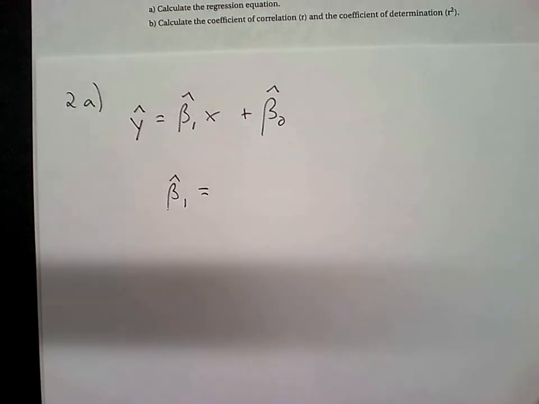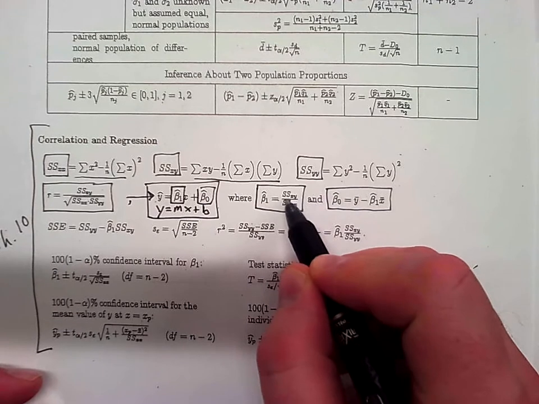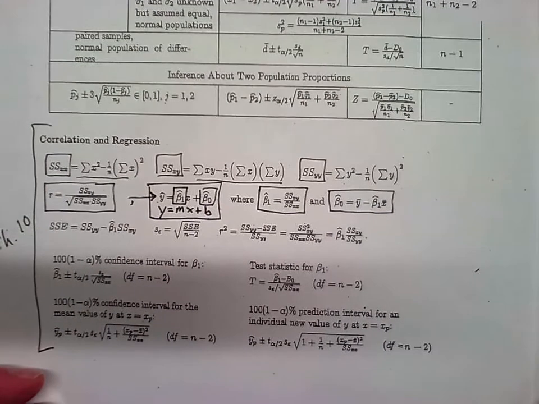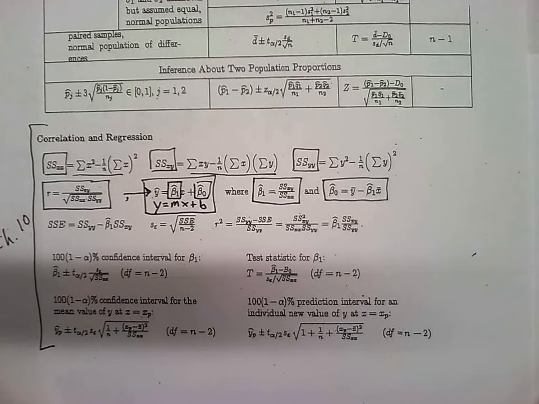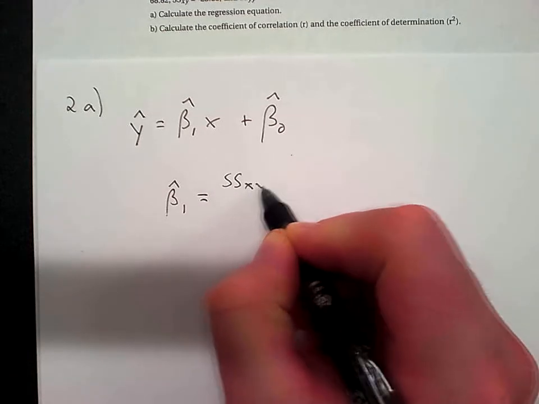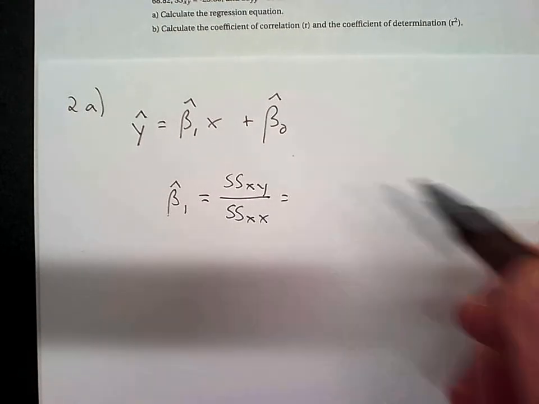Well, if we want to calculate out beta 1 hat, again, going to our formula sheet, we have to take SSXY divided by SSXX. This is where like the whole Russian nesting dolls comes in. So for beta 1 hat, you need to calculate out SSXY divided by SSXX.